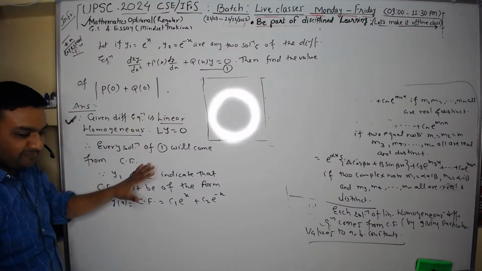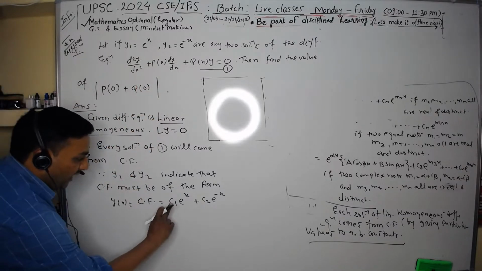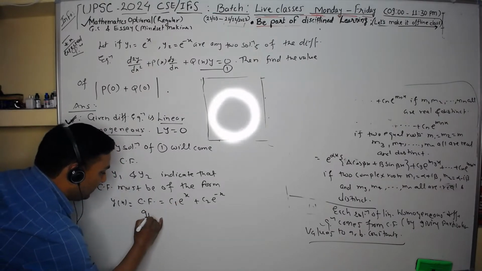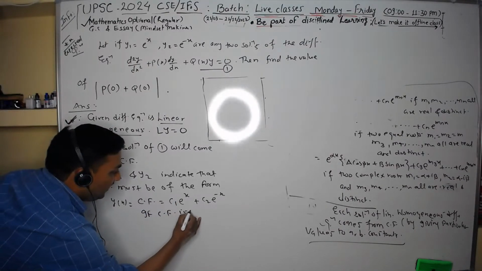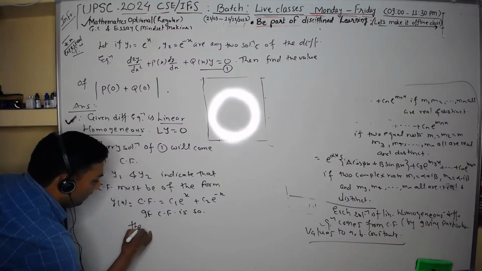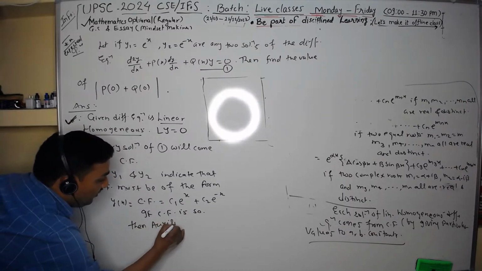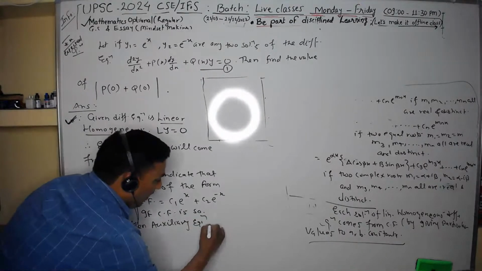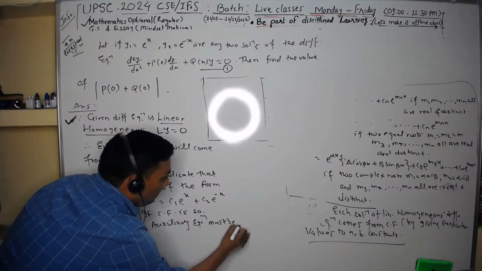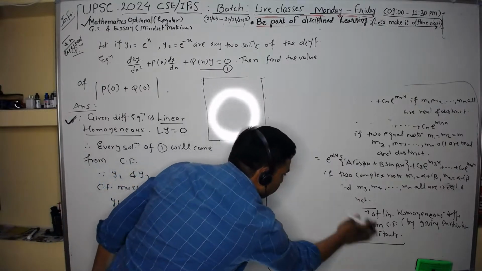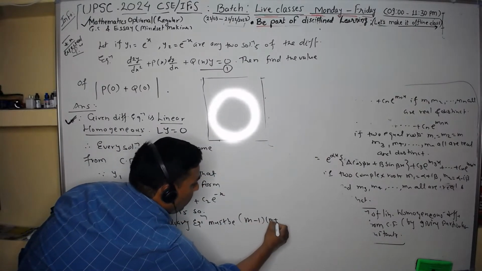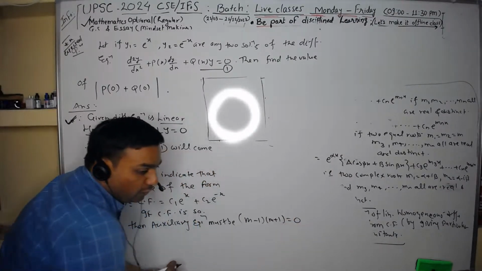यहां तक कोई डाउट? चलिए, if CF is of this form, if CF is so, then auxiliary equation क्या होना चाहिए? चलाइए, auxiliary equation must be m minus 1 into m plus 1 equals to 0.